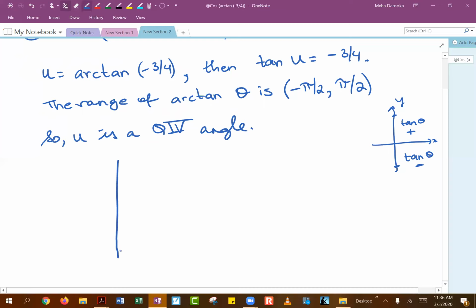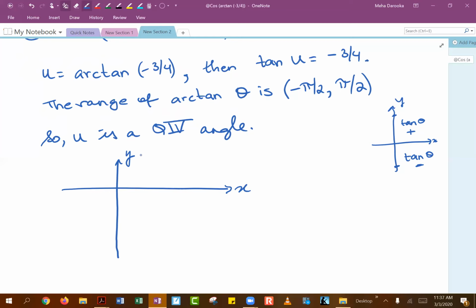Here we go. Oh, because the range of the tangent function only goes from negative to positive pi halves, it's only going to be this side. So that's why both quadrant 2 and 3 are out of our range.